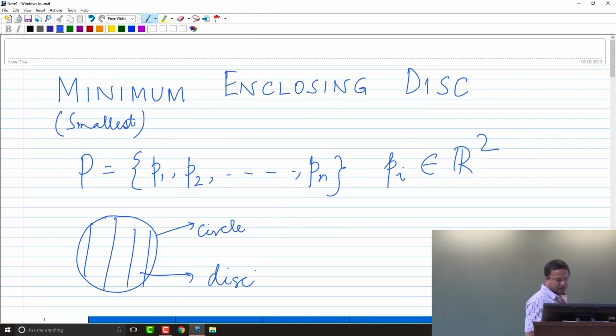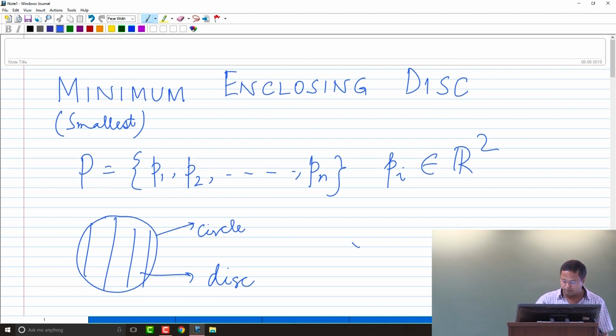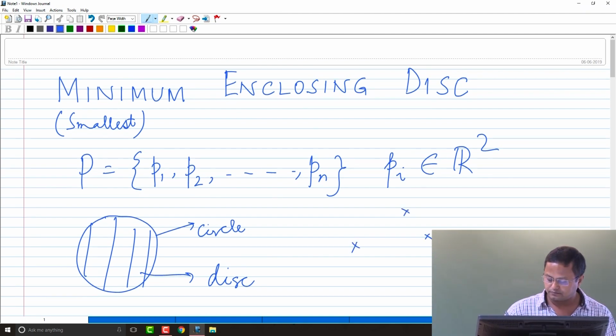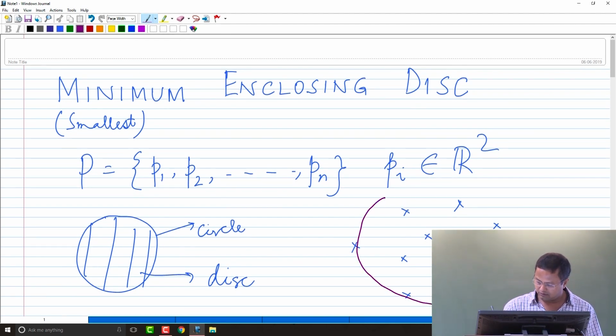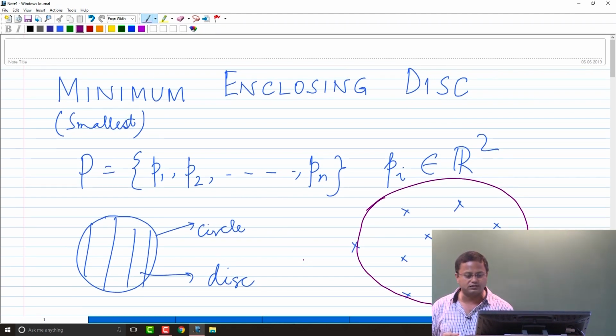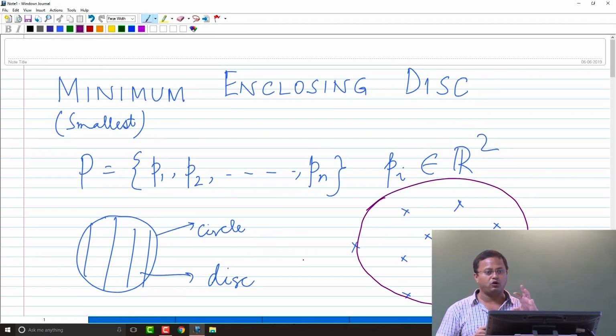So, our problem is, given these n points on the plane, I want to find the smallest disk that encloses this set of points.